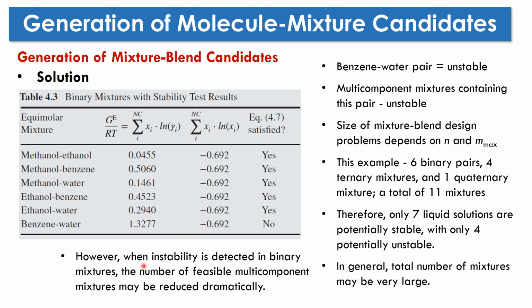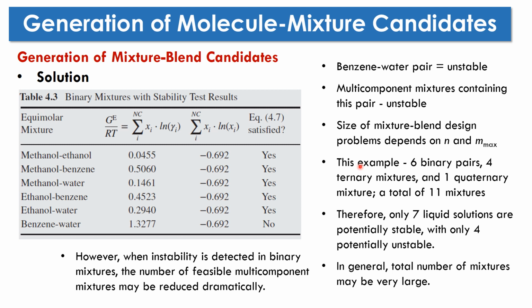Even though in this example we only identify those which are unstable, when instability is detected in binary mixtures, the number of feasible multi-component mixtures may be reduced dramatically. For example here, from 11, 4 may potentially be unstable. Then we have another 7 that we can further check in terms of stability and feasibility.